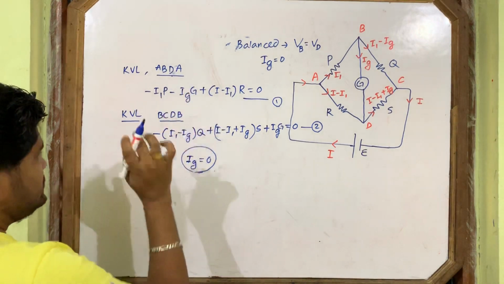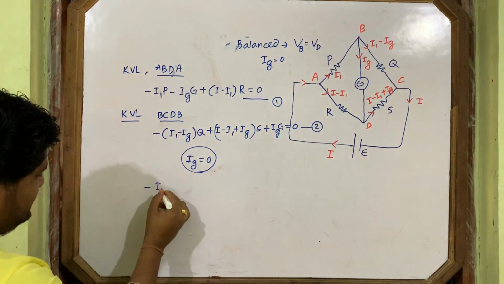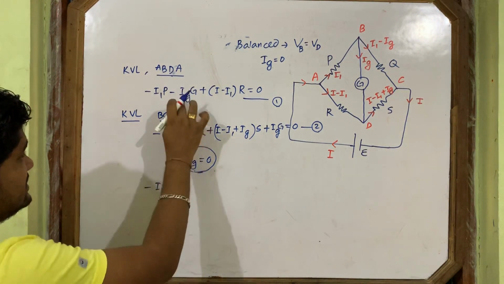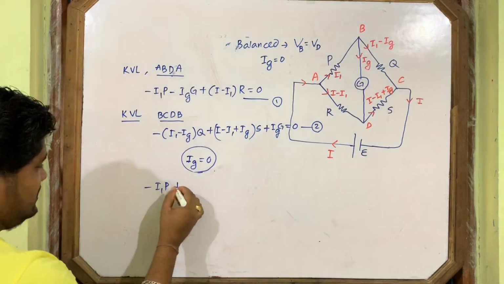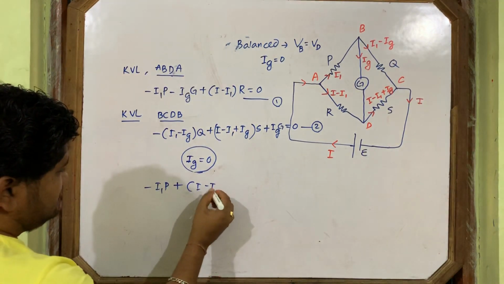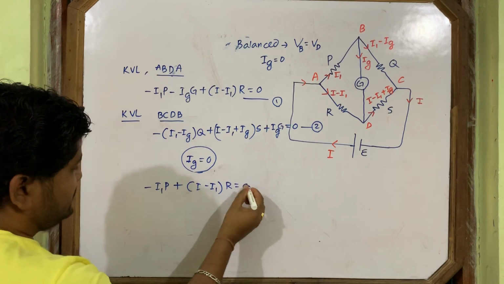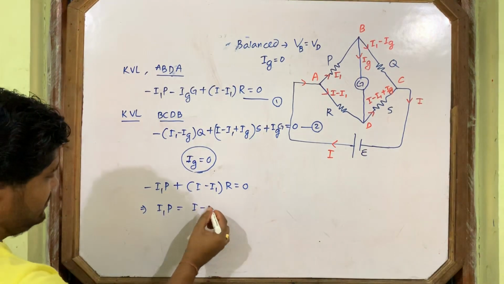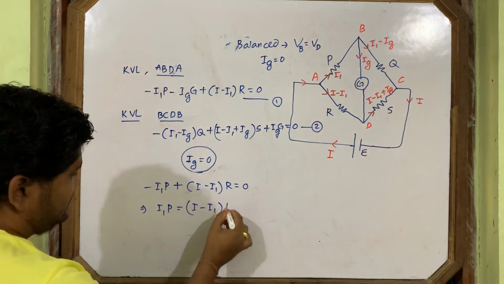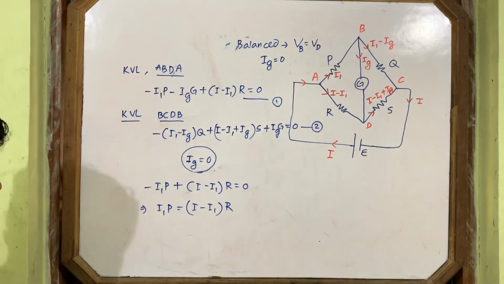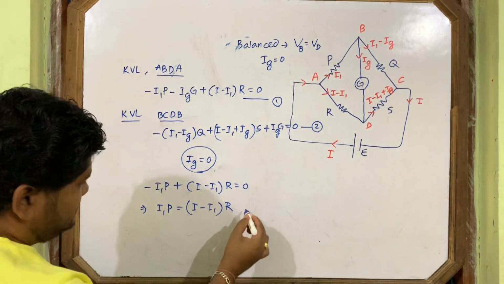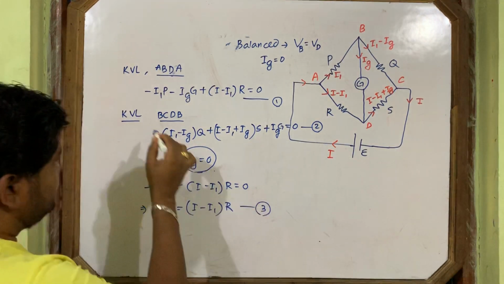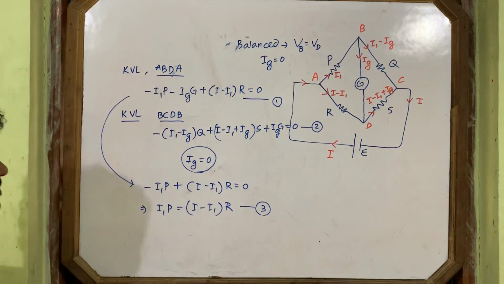In equation 1, minus I1 P, the Ig term is 0, this remains, plus (I minus I1) into R is equal to 0. So I1 P is equal to (I minus I1) into R. So this is equation number 3, which comes from equation number 1.